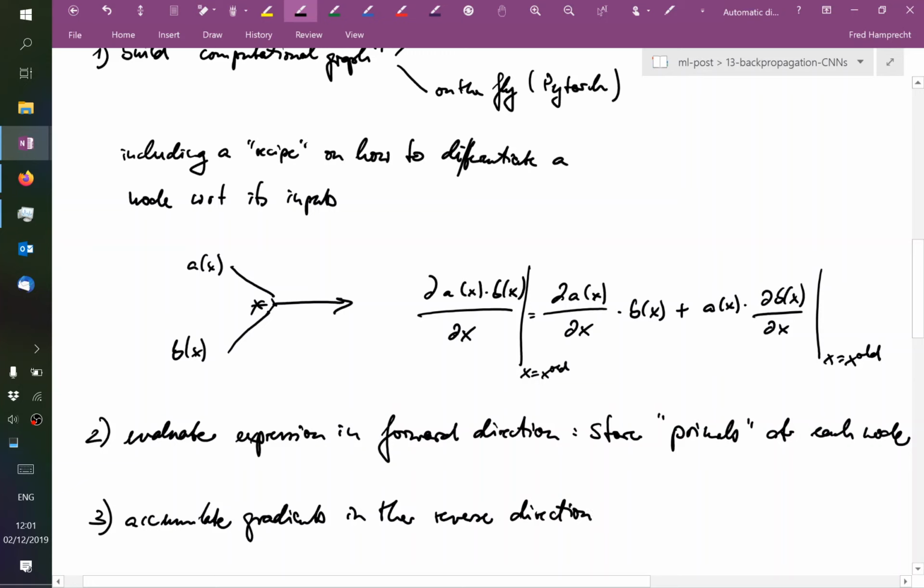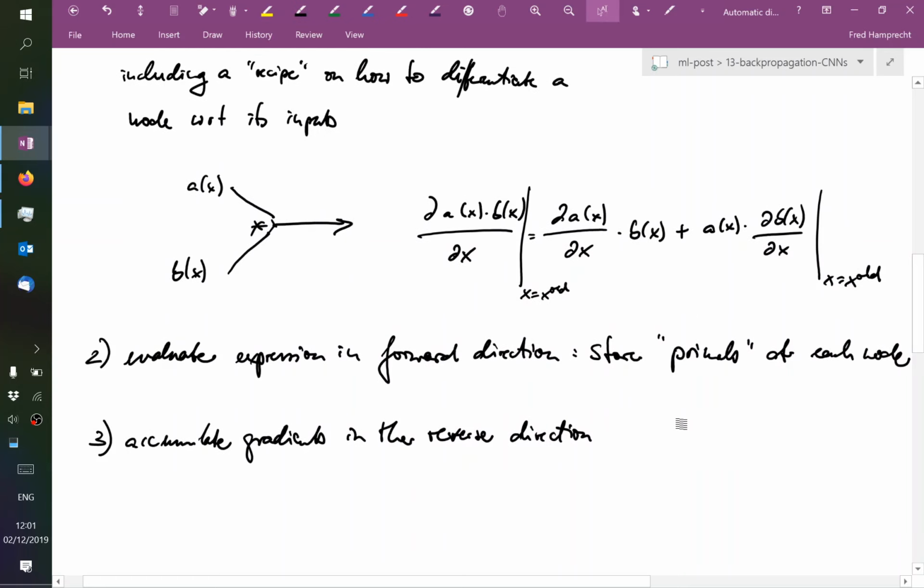Accumulate gradients in the reverse direction, using the recipes at each node and the stored primals in each node as needed.